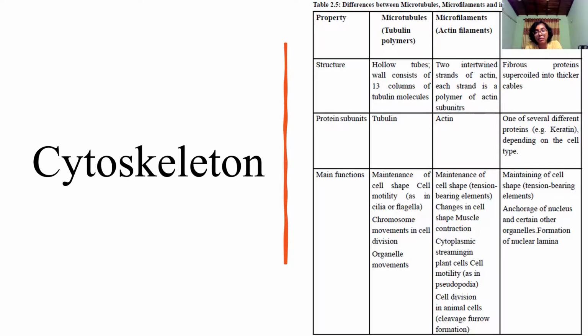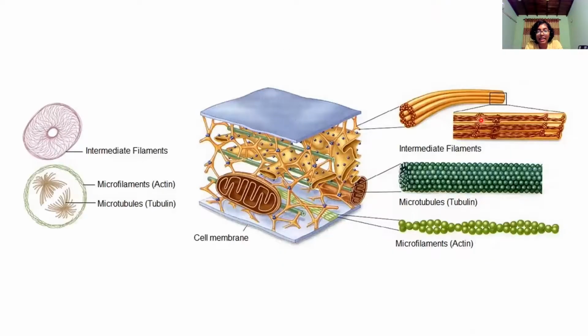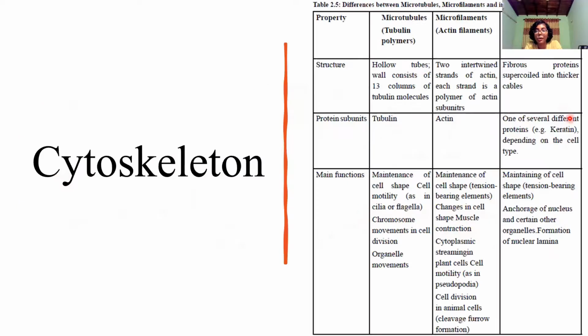And then we have intermediate filaments. You can see here, these are the intermediate filaments. They are connecting, like a mesh, a network, and they are connecting the whole cell. Between the two layers of cell membrane, you can find these intermediate filaments.